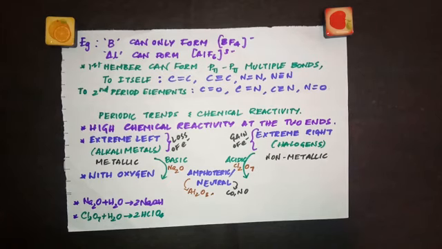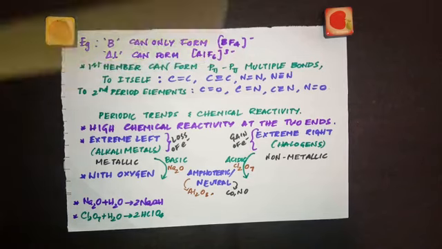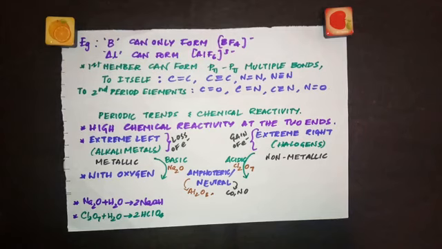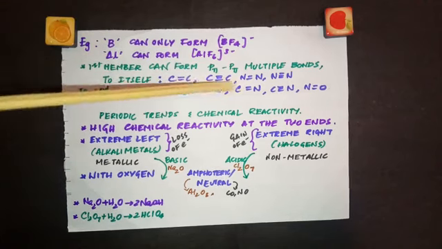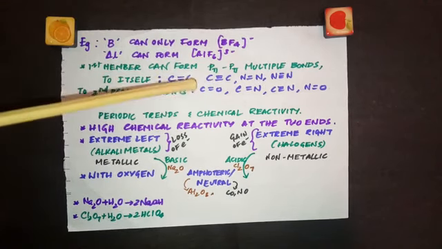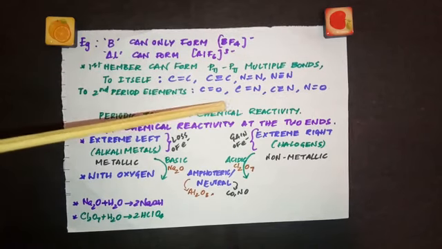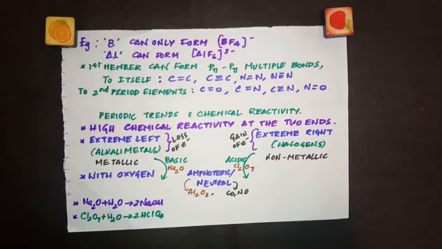These first group elements, which means the first member of each group, they can show this ability to form multiple bonds. So they can bond to itself and also to the second period elements. See here, carbon and nitrogen are the first member, and oxygen is in the second period.